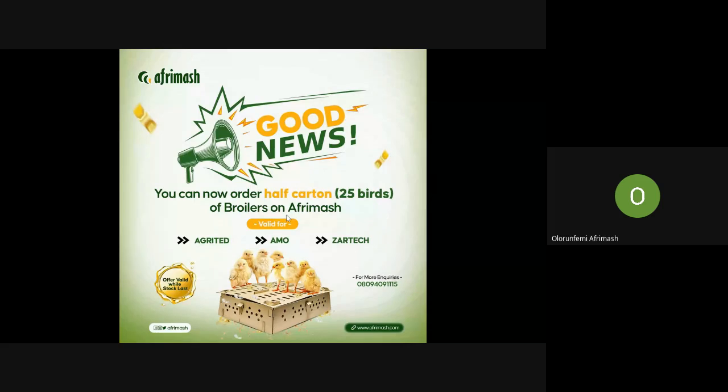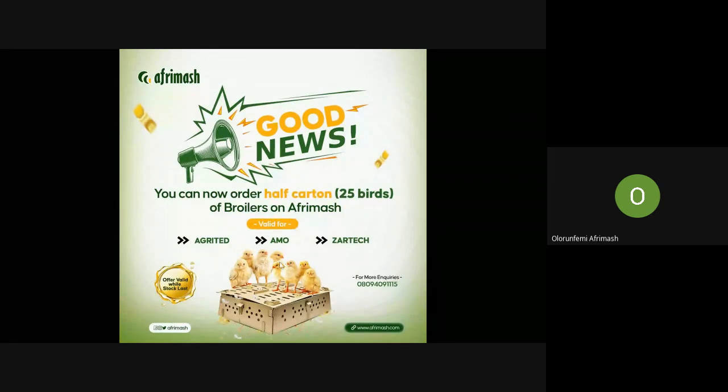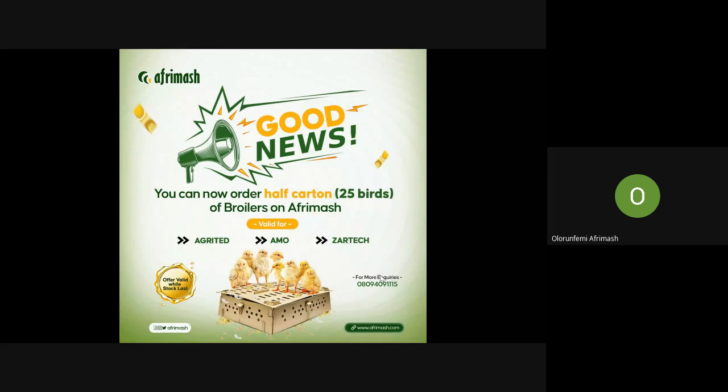Meaning you should have effective measures in place to accommodate visitors, such as changing their shoes and washing their hands before they handle your birds, so that people coming from outside or from another farm will not affect your birds. Thank you so much for those important points.